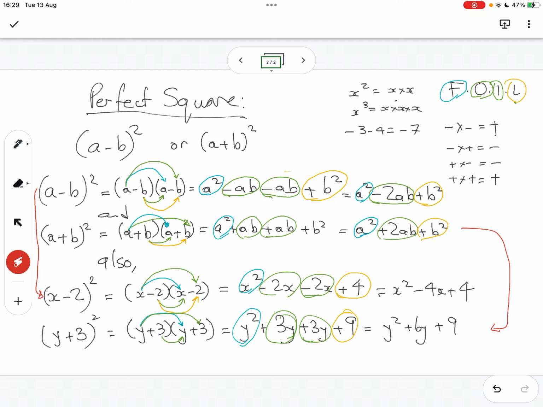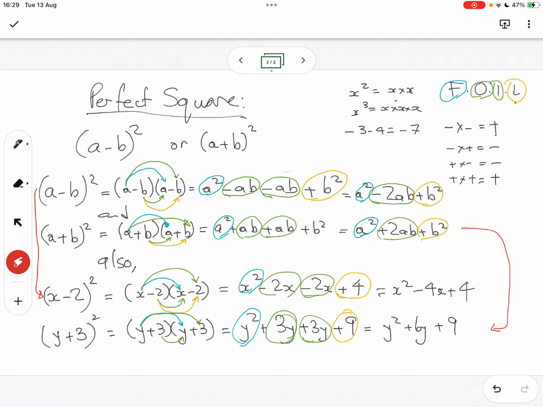Only this time we added numbers to the mix, and maybe we changed the a and made it x, or made it y. But the same way we operated for this one is the same way we operated for that perfect square.